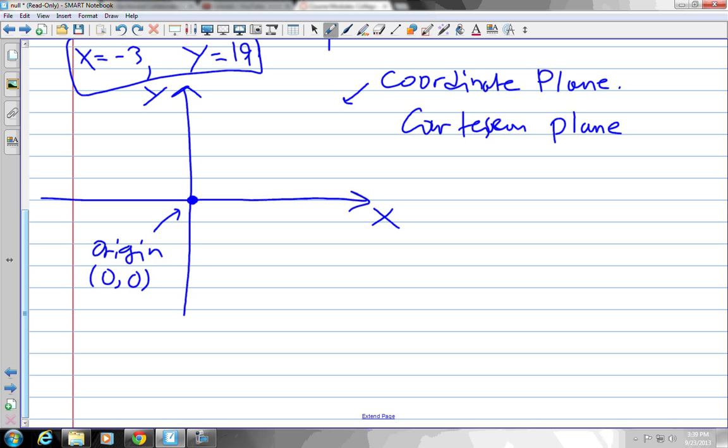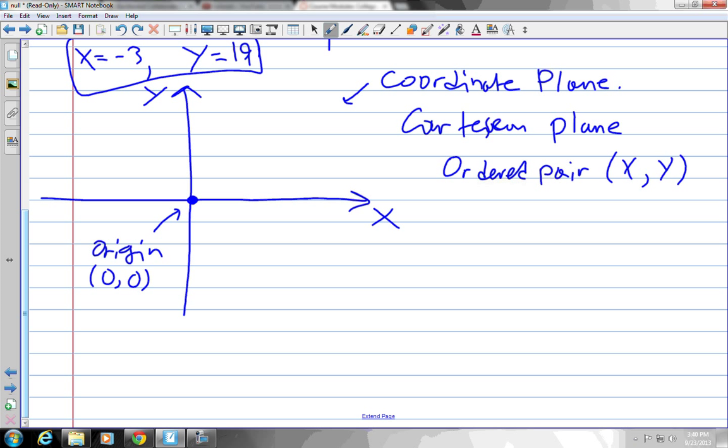It consists of an infinite set of what we call ordered pairs. And the ordered pair is something like that, where the x is the first number and the y is the second number. Okay?